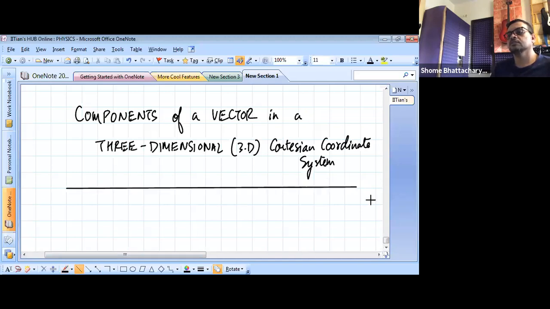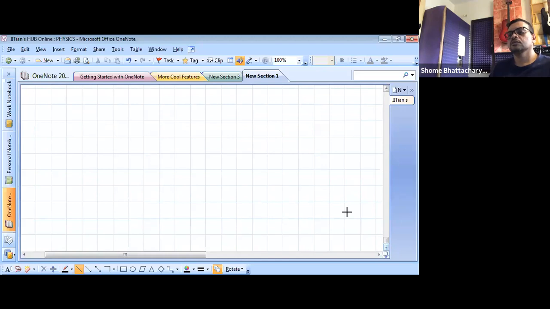Let's understand. So first of all, let us understand a 3-dimensional Cartesian coordinate frame.